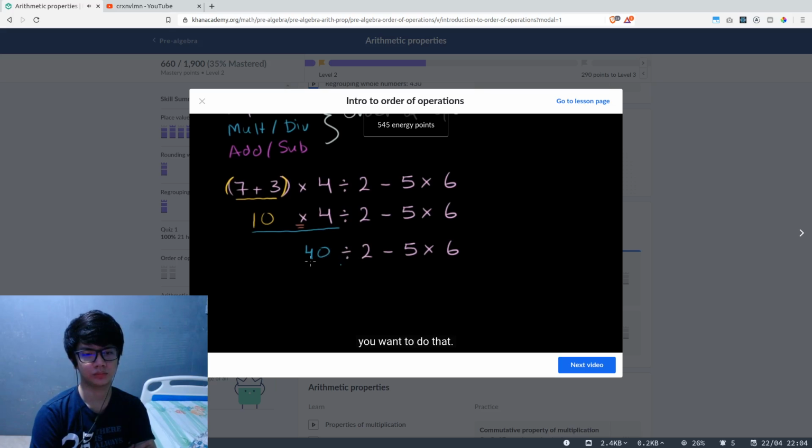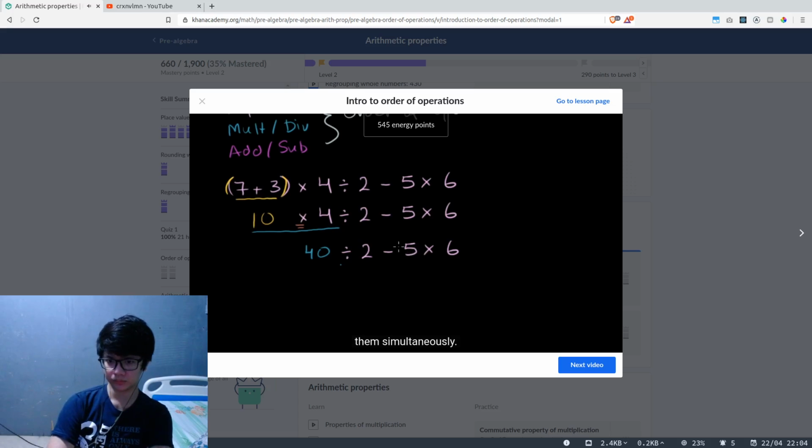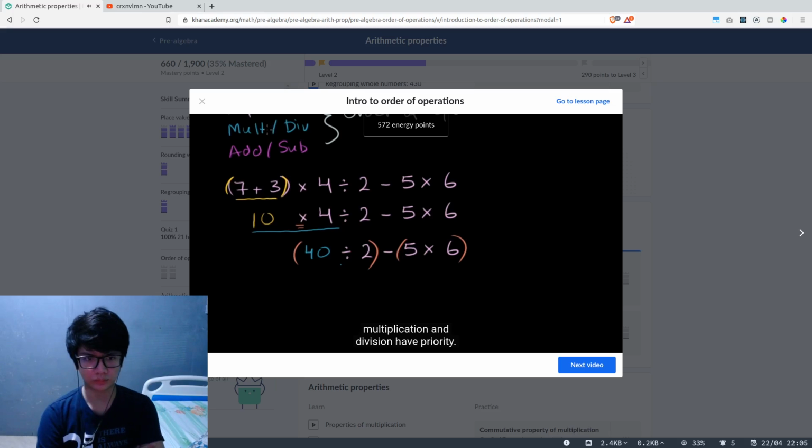Then you have this multiplication. They're not together, so you can actually do them simultaneously. And to make it clear that you do this before the subtraction, because multiplication and division take priority over addition and subtraction, we could put parentheses around them to say, look, we're going to do that and that first before I do that subtraction, because multiplication and division have priority.